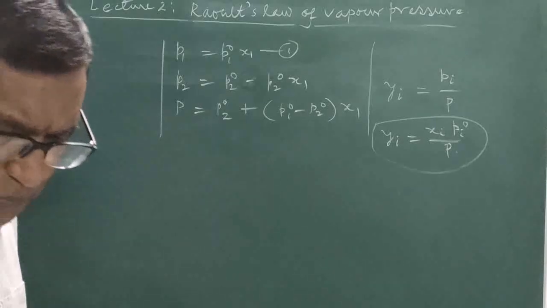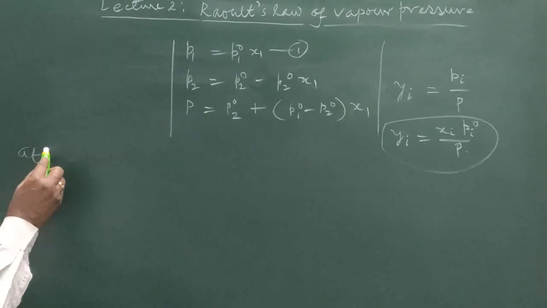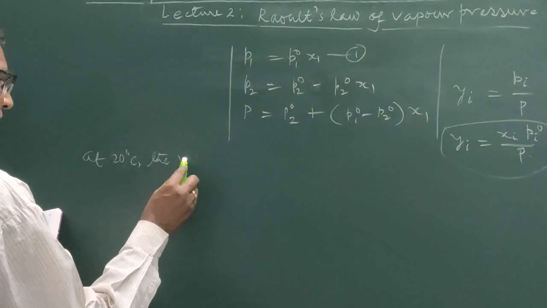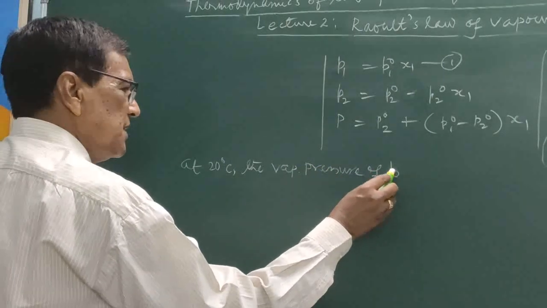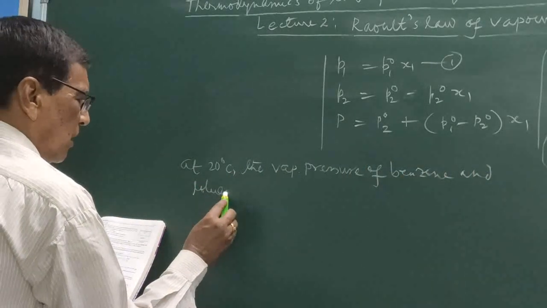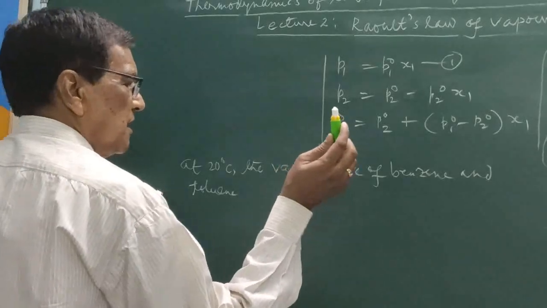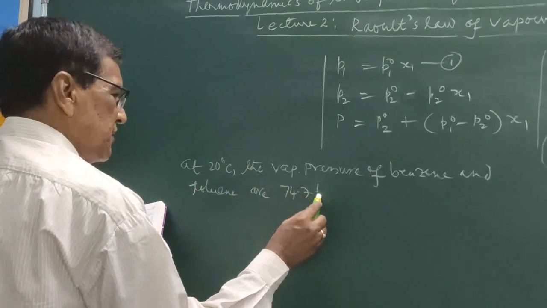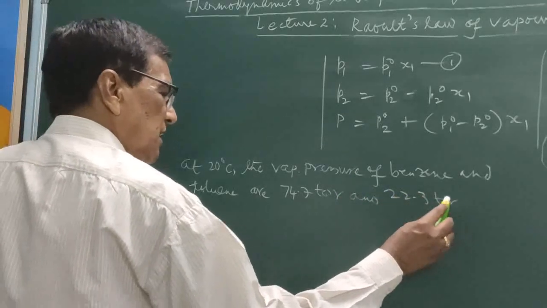And the problem is that at 20 degrees centigrade, the vapor pressures of benzene and toluene are 74.7 torr and 22.3 torr respectively.